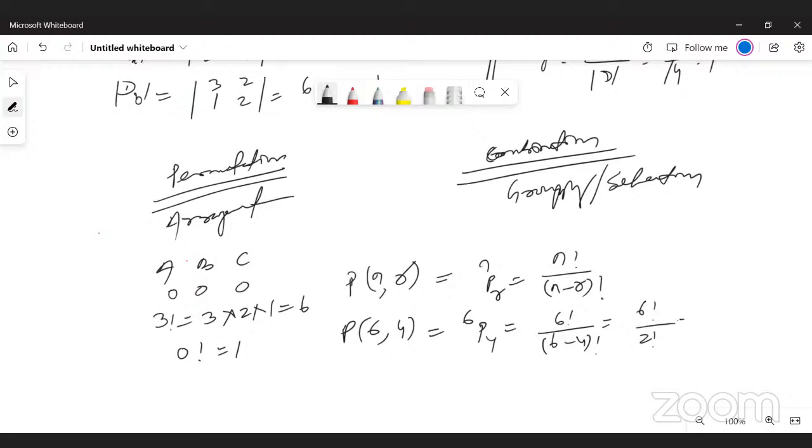We write 6 factorial as 6 into 5 into 4 into 3 into 2 factorial. The 2 factorial cancels out. Then 30 and 12 remain. What is the answer? 360. 30 times 12 is 360. Okay, that's right, 360.